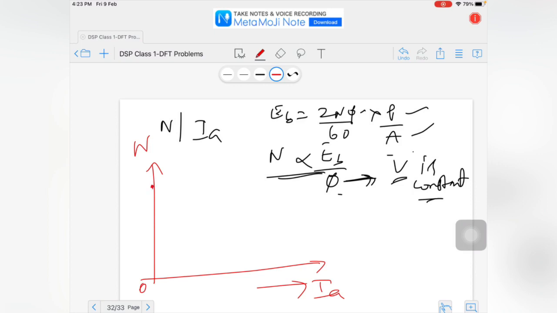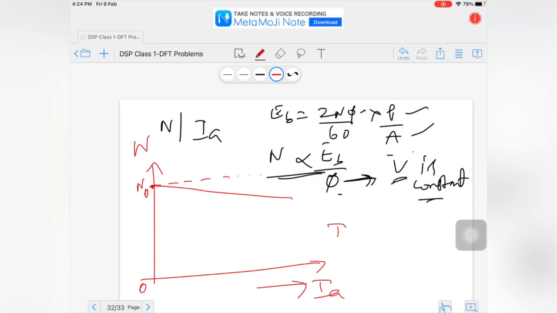As soon as armature current flows to the motor, the speed starts rising. This is the general no load speed, and due to the armature drop IaRA, the speed decreases a little bit from the reference speed, that is N0.